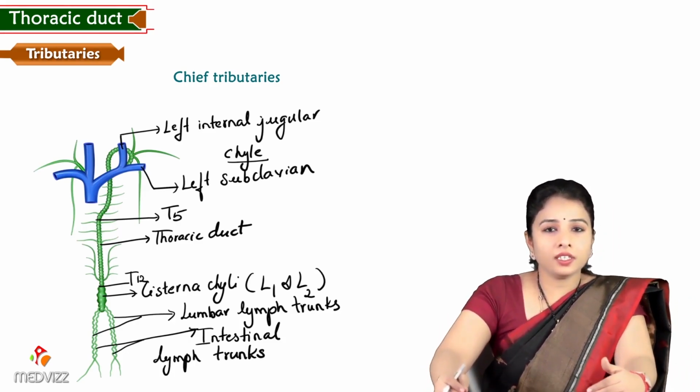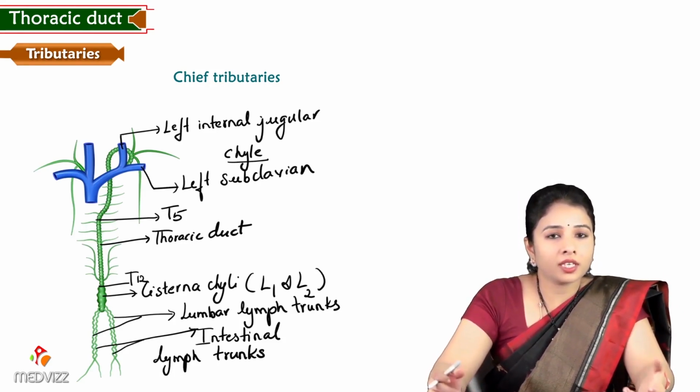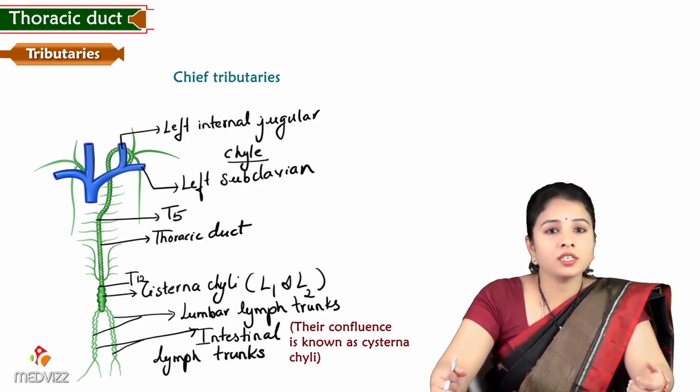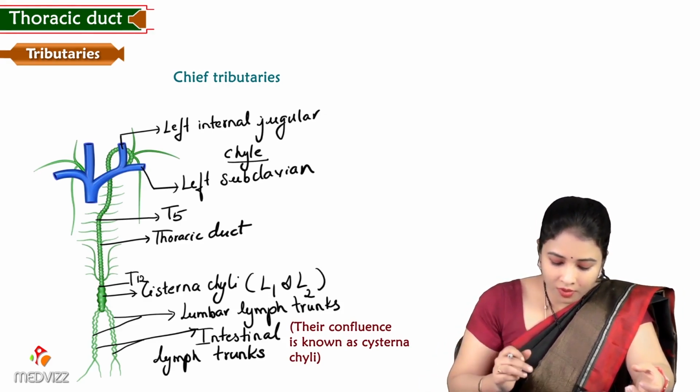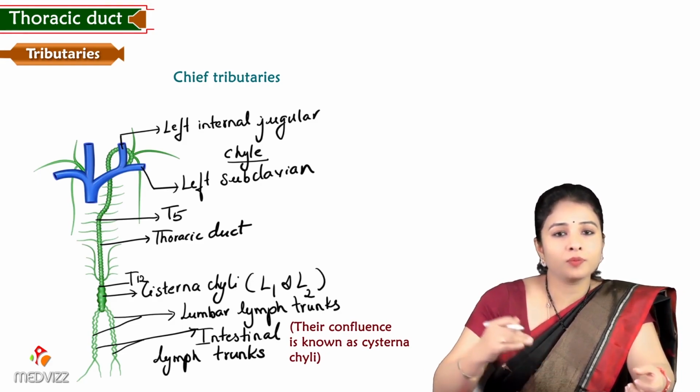So the intestinal lymph trunks are milky white in color because they contain chyle in them, and their confluence is known as cisterna chyli. So cisterna chyli is formed by the confluence of lumbar lymph trunks and the intestinal lymph trunks from below.